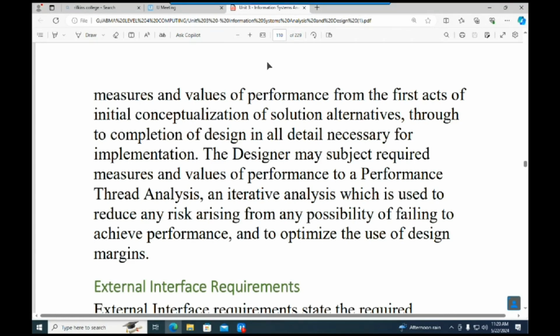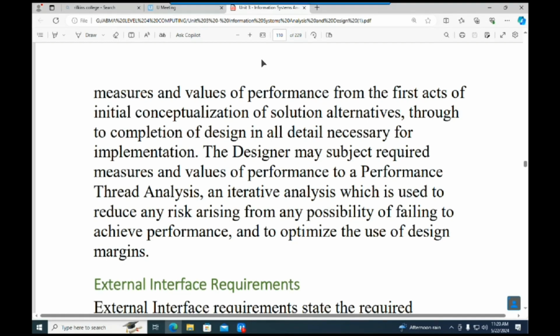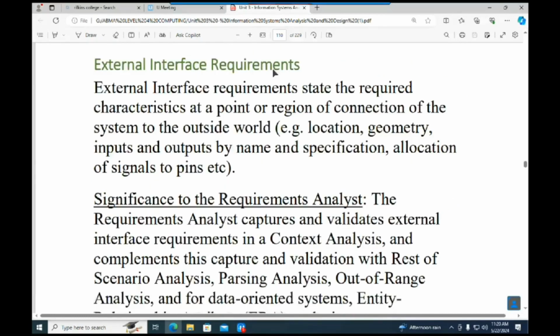So we have things like threat analysis, we have iterative analysis that are going to be used in this case, to reduce any possible risk or any possible failure in terms of achieving the performance, and to make sure that we have optimized the designs, we have minimized errors, we have minimized the chances of risks occurring. Then we move to external interface requirements.